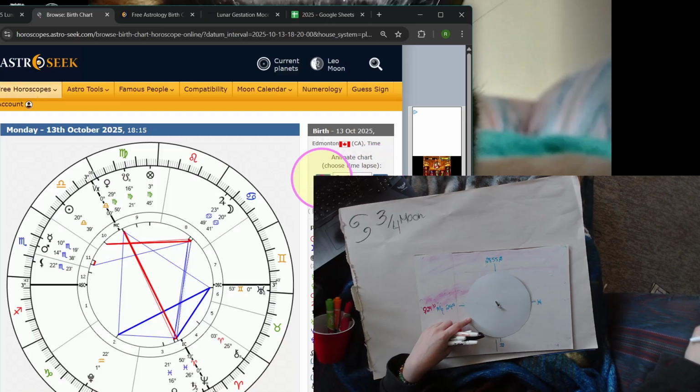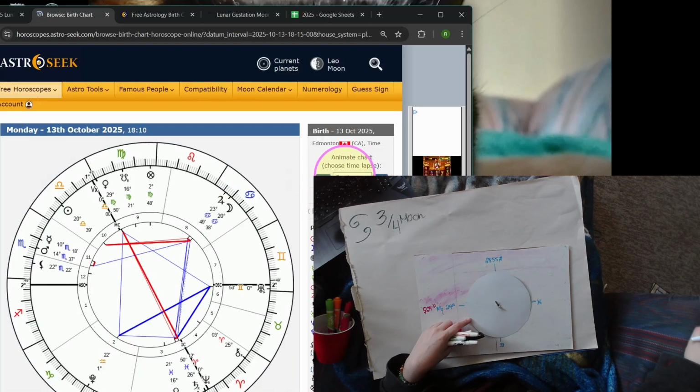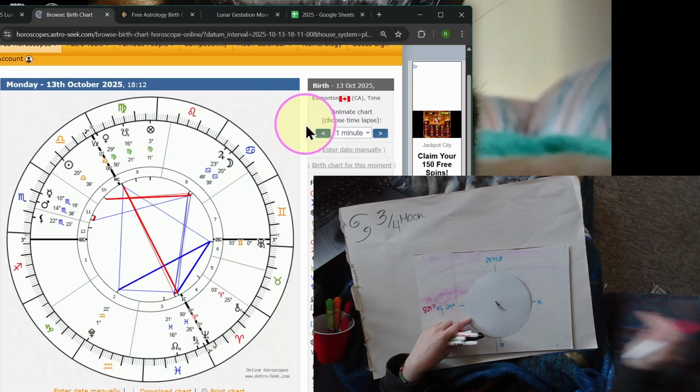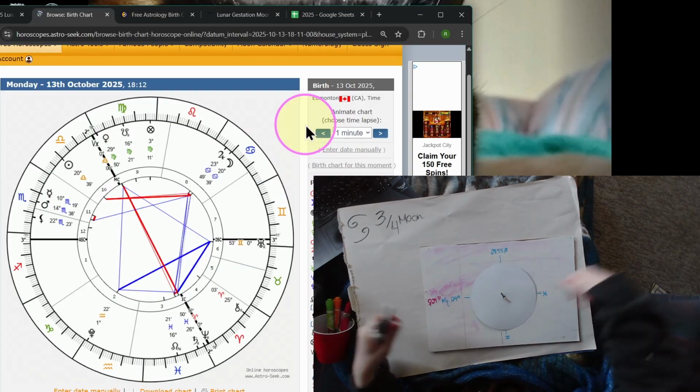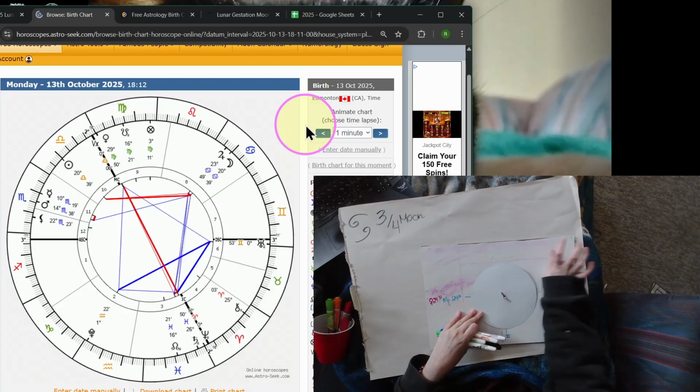So we want to go back a little bit more, and then we'll go forward a minute. My marker's drying out. Forward a minute. Okay, now this was the third quarter moon. Okay, we'll get rid of this.